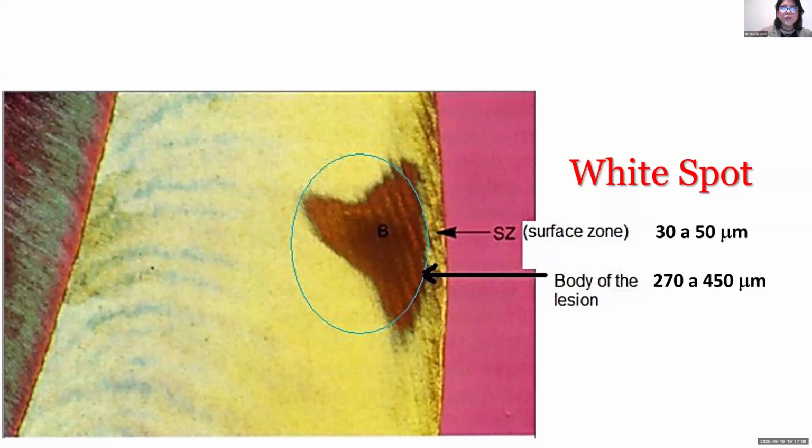The depth of the surface zone is 30 to 50 micrometers, and the body of the lesion is 270 to 450 micrometers.